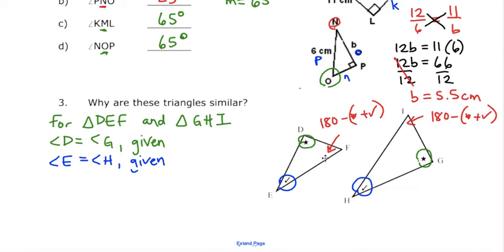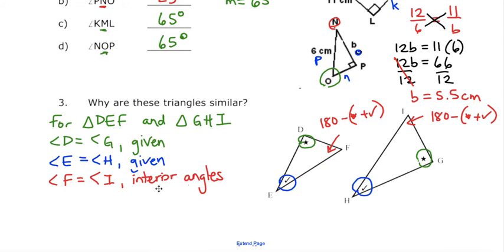So because the 3 angles in the triangle add up to 180 degrees, if 2 of them are the same, then by default, the last one will also be the same because of that interior angle of a triangle theorem. So we know that angle F will also equal angle I because of interior angles.